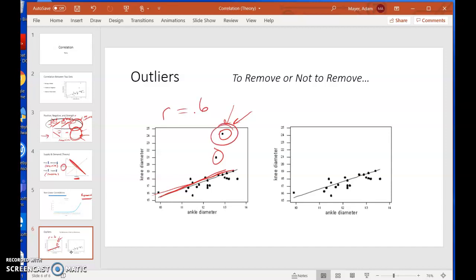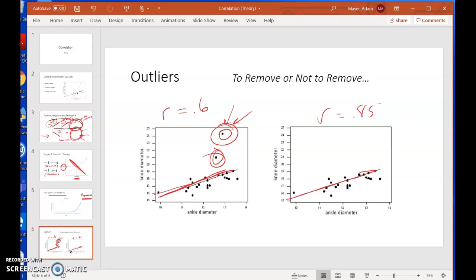Now, when I remove those outliers, as I did in the second diagram, the second scatter plot, I get a much better fit. Right? All the points are, now that the other two potential outliers are gone, pretty darn close to that line. So if I remove those outliers, this might give me a much tighter correlation coefficient of maybe 0.85 or 0.9.